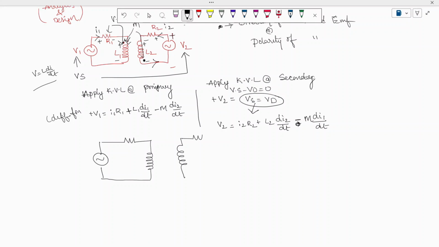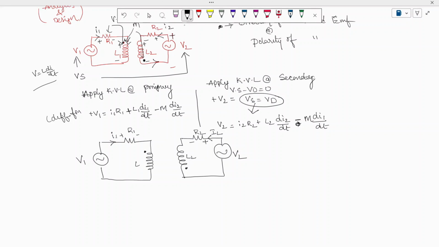This has some resistance, and the secondary is also excited with a voltage source V2. The current flowing in the branch is I1, creating a drop of I1 R1. Here the current is entering and flows as I2, the resistance is R2 and the inductance is L2. Current is entering at the positive and leaving at the negative.